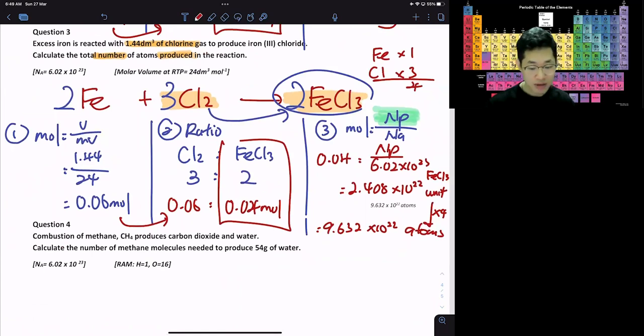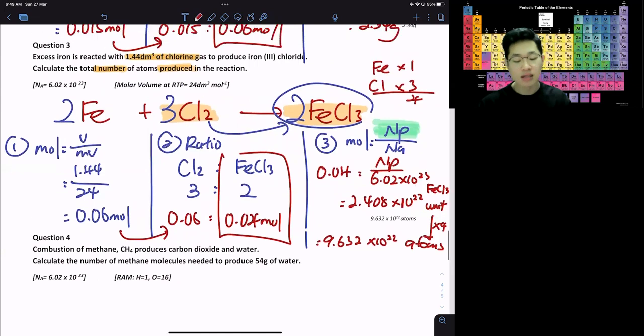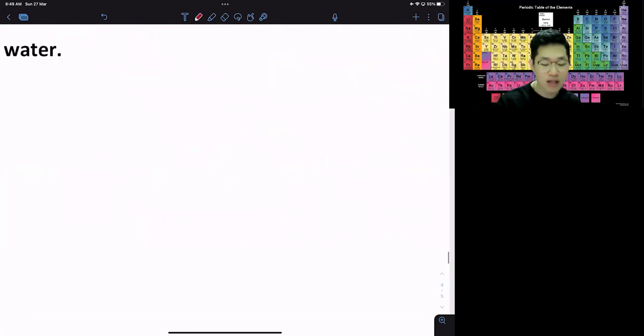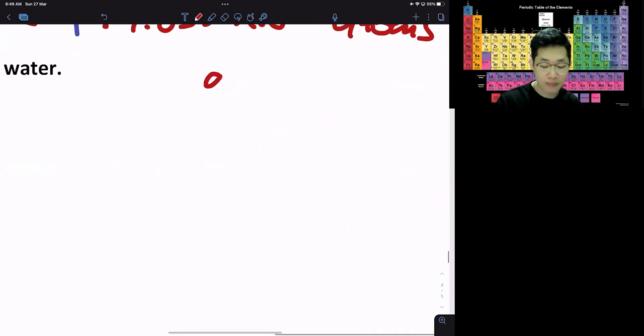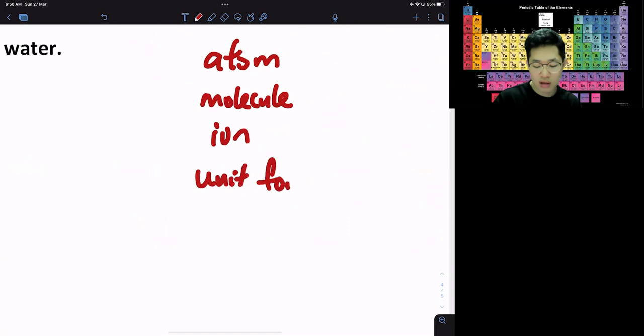Okay? Remember, the way of how we decide the unit for NP is based on the chemical substance given, not the question. If you straight away put the unit atoms here, your answer will be wrong. Okay, let me write down the 4 types of unit. It can be atoms, it can be molecule, it can be ion, it can be unit formula.